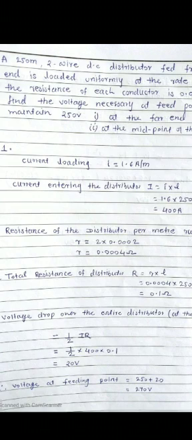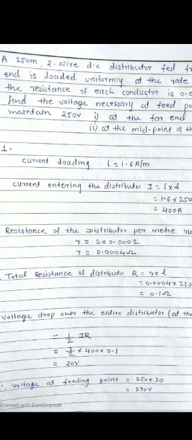Then the total resistance of the distributor should be multiplied by the length, so capital R is equal to small r into L. Putting the values, 0.0004 into 250, it becomes 0.1 ohm. That is the total resistance of the distributor, capital R.